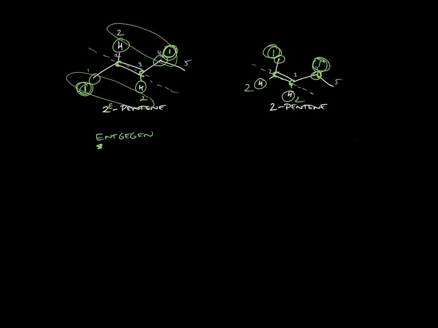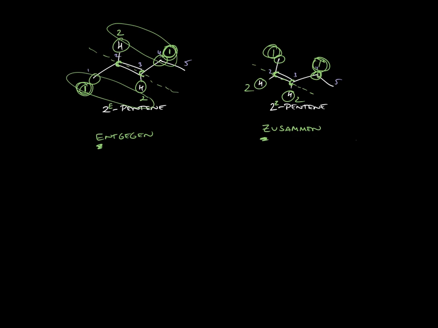They're not on the same carbon, but they're on the same side of the double bond. Together, in German, is zusammen, kind of like same. And so we use the letter Z to indicate that your 1s are together. So this would be 2Z-pentene. And so that's how we can differentiate them.